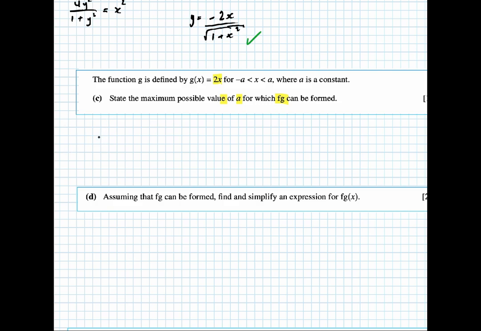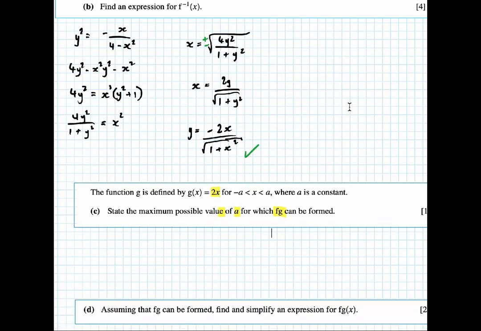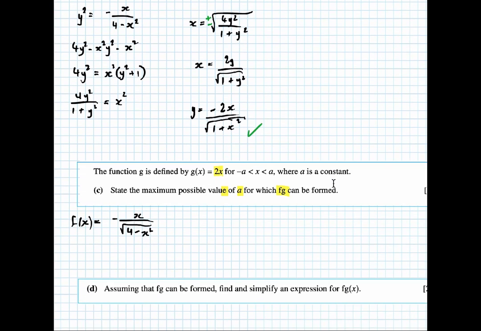Okay, we have a few more questions on this. So if g of x is 2x for the parameter of minus a to a, find a maximum possible value. So we're looking for a positive value there for fg. Okay, so fg, let's have a look. So minus 2x, right, so we plug in 2x into whatever we have for x.